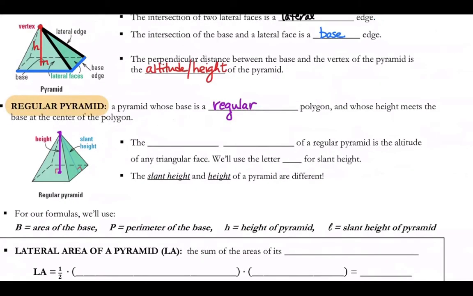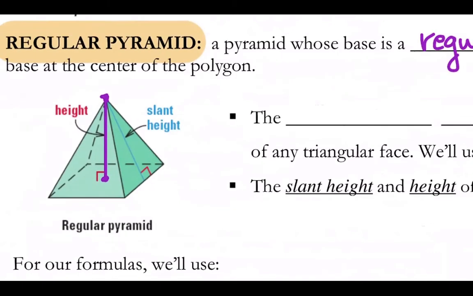Okay, on this picture, you see what's called a slant height. So the slant height is different than the normal height or altitude because the slant height is actually the height of one of the triangular faces. So if you were to look at this triangle right here, the slant height is the height of that triangle, the altitude of that triangle.